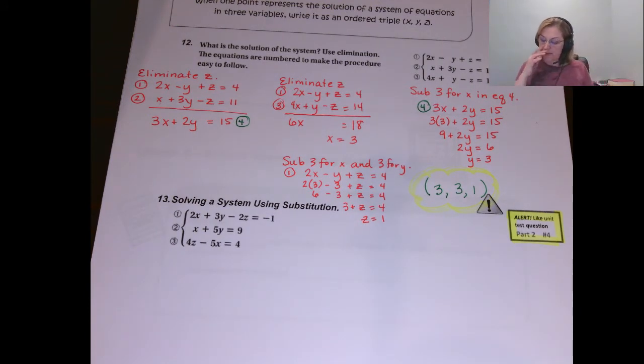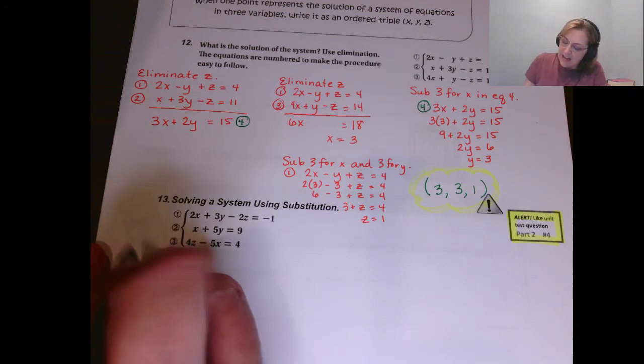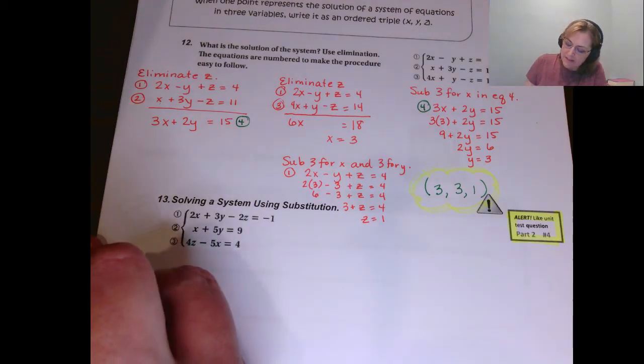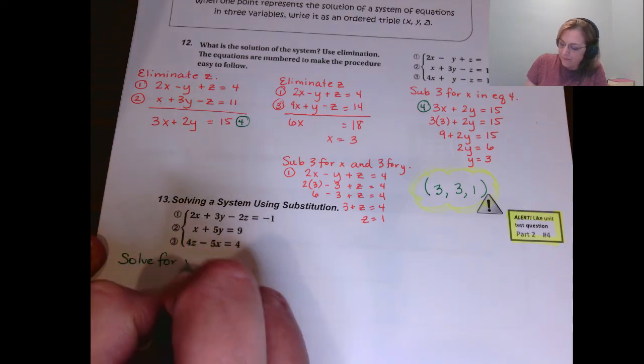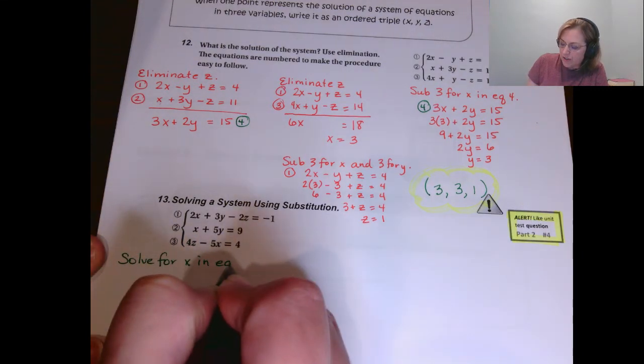Again, we numbered the equations to make it a little bit easier. So we're going to begin, and I think if I look at these equations, look at equation number 2, you'll notice there's not a number written in front of x. I think that's going to be my best start here. Solve for x in equation 2.